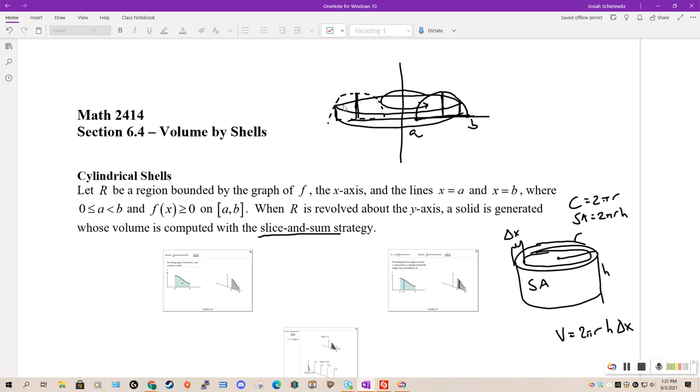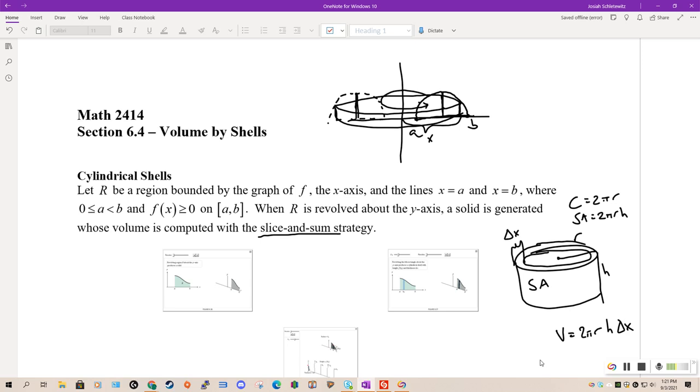Right, so if we take a look at, say, the cylinder that's already drawn here, we have a particular x value. The x value that determines where our slice is happening. That is the radius. It goes from the middle all the way out to the radius there.